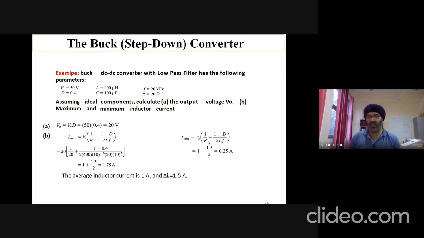R is the load given to us, maybe a motor or something, so we cannot change it depending upon the requirement. Okay, so as a designer, as an engineer, you can design any buck converter using these parameters, and you can increase or decrease the output value based on our requirement at the output.